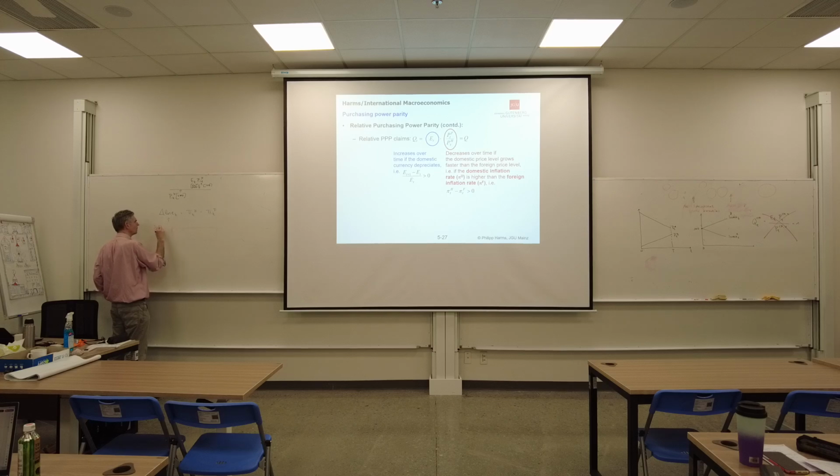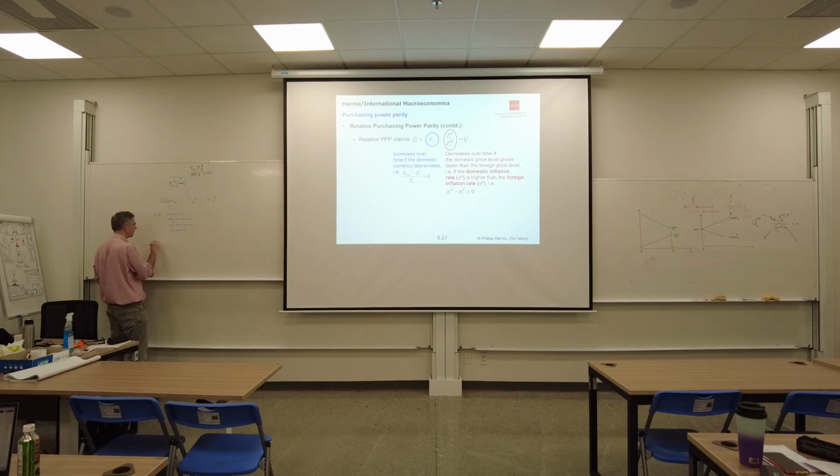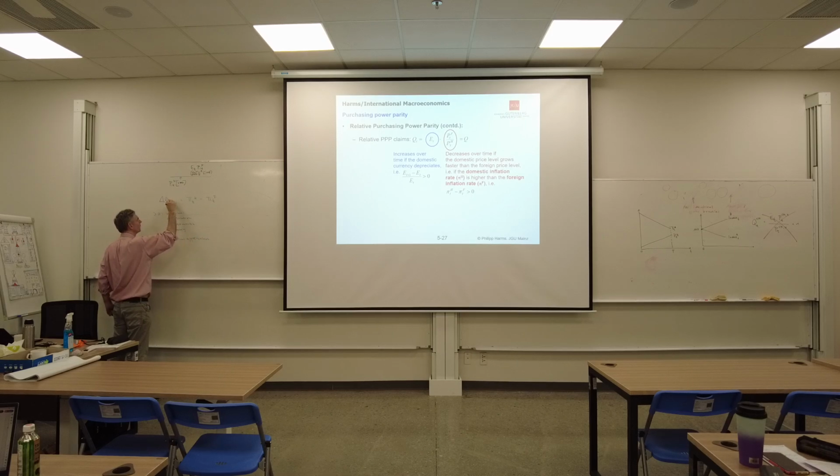If that's greater than 0, then you have a nominal depreciation of the domestic currency, and if it's smaller than 0, then you have a nominal appreciation. Sorry, that's delta ln E_t, so the growth rate of the domestic currency.